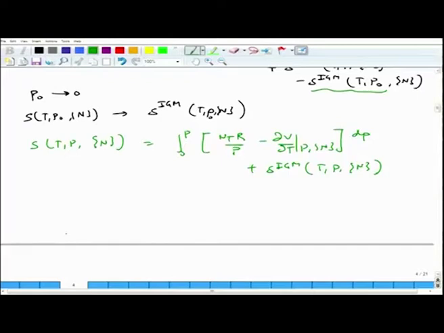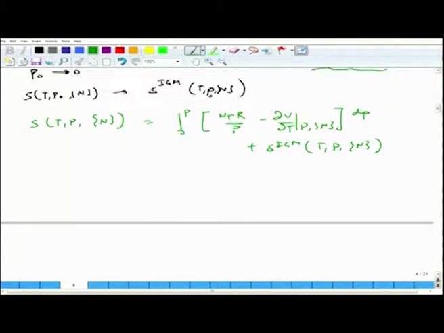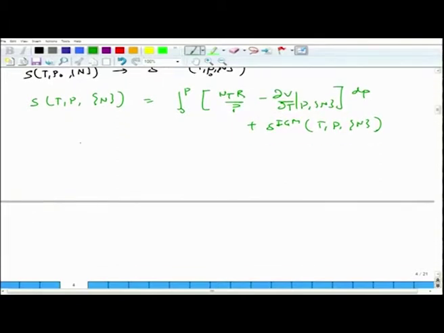Now, many times we take reference values corresponding to 1 atmosphere. So, let me rewrite this expression of delta S, or S, with reference to the pressure at 1 atmosphere, and then we can simplify this with the data corresponding to 1 atmosphere.